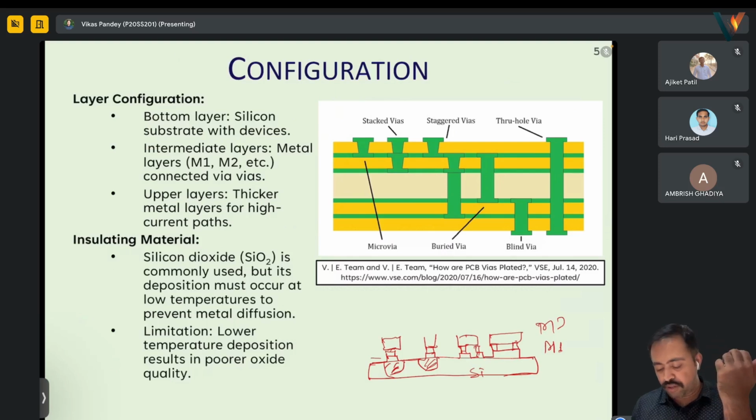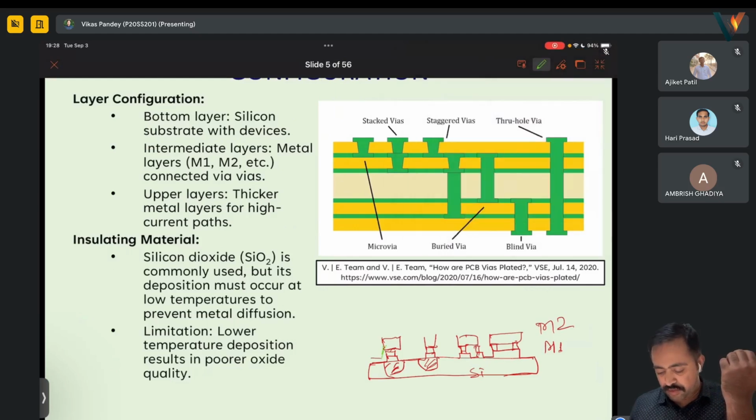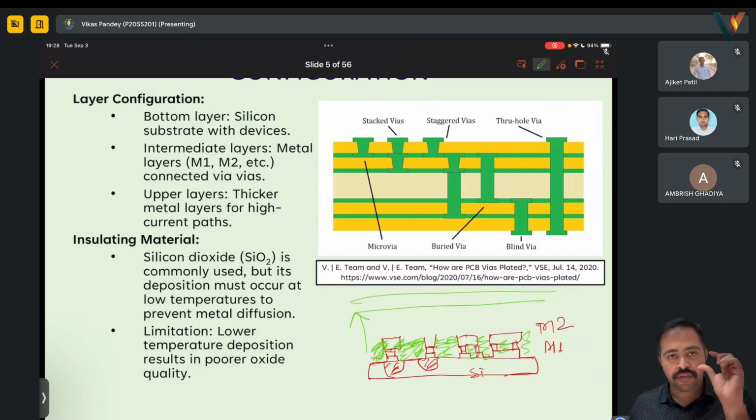When we talk about dielectric, say here is a dielectric, we are filling it with dielectric. They are connected using vias. The intermediate layer, like a tunnel-kind of structure that connects one line to another, is called a via. As we go toward the upper layers, the metal is very thick, a thicker metal layer for high current pathways.